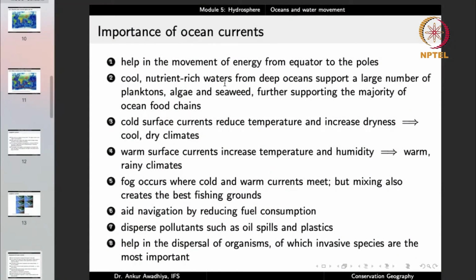Similarly, cool, nutrient-rich waters from deep oceans support a large number of planktons, algae and seaweed, further supporting a majority of ocean food chains. Now, what is happening with these currents is that the cold water is brought upwards through various upwelling locations, and this nutrient-rich water is being made available for different organisms.